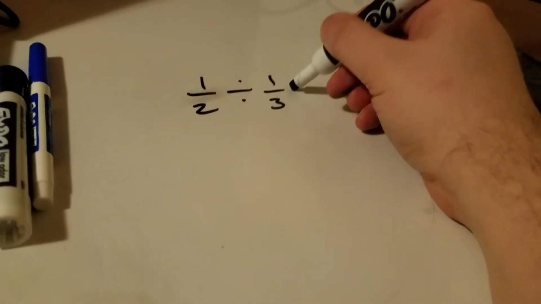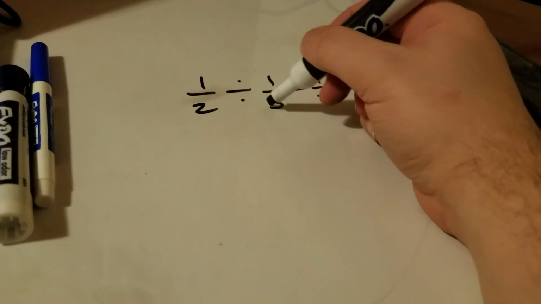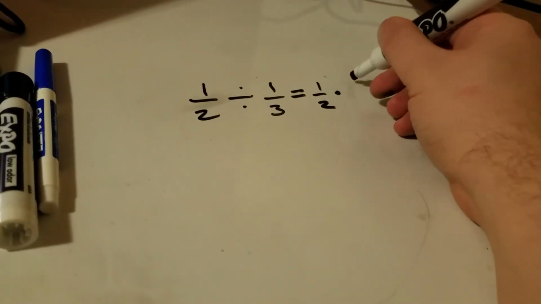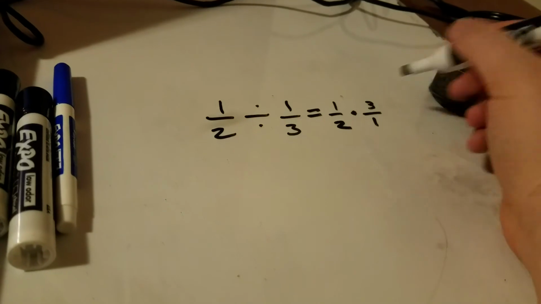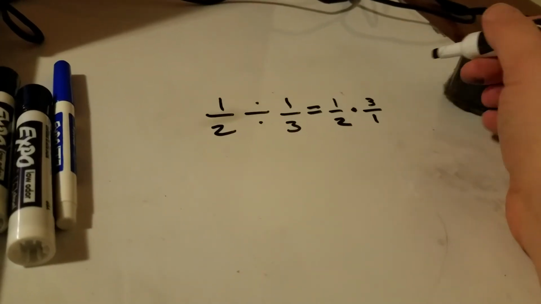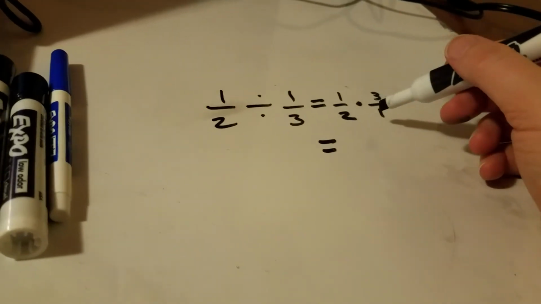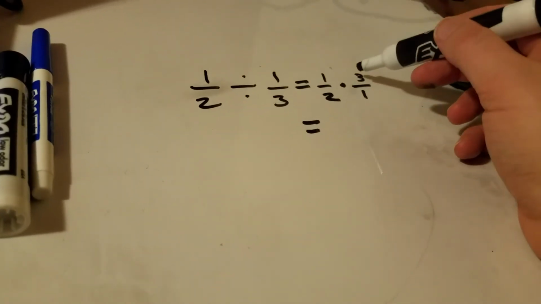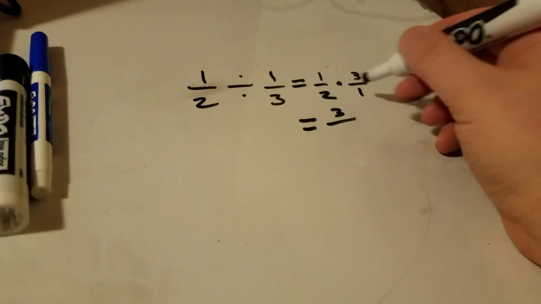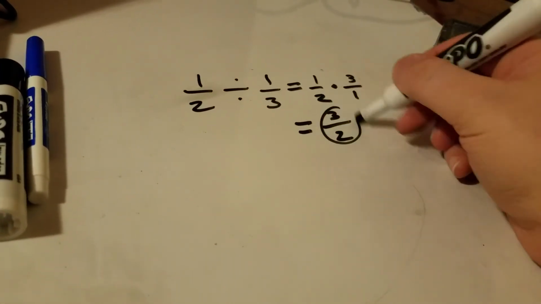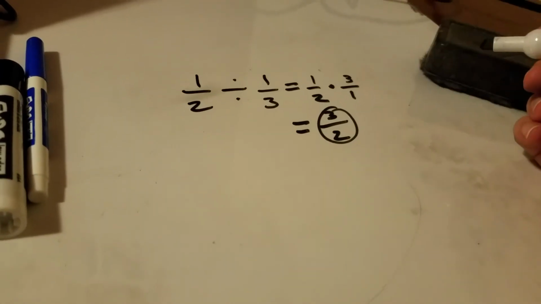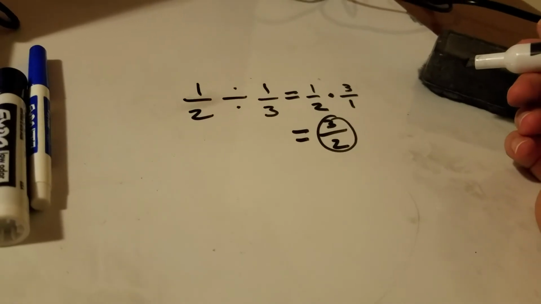Well, you can solve this by flipping the second fraction over. If you flip it upside down, if you use the reciprocal, then you can simply use multiplication. And as I said before, multiplication is the easiest operation for fractions. So I can go 3 times 1, which is 3, and 2 times 1, which is 2. So the answer is 3/2. Okay.